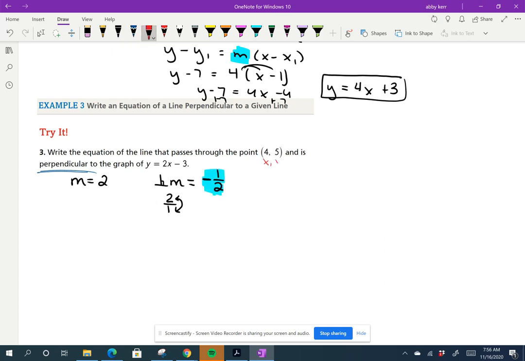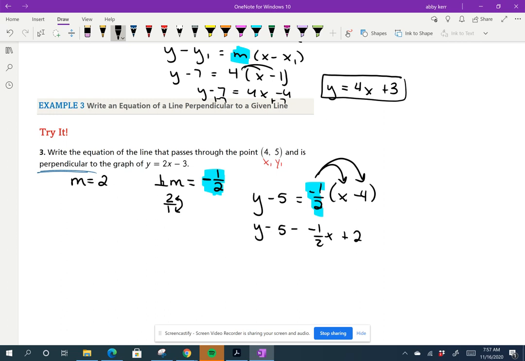Then we're going to use x1 and y1. So y minus 5 equals -1/2 because that's our perpendicular slope, and then x minus 4. Distribute -1/2 x. -1/2 times 4 is a positive 2. Write down the y minus 5.